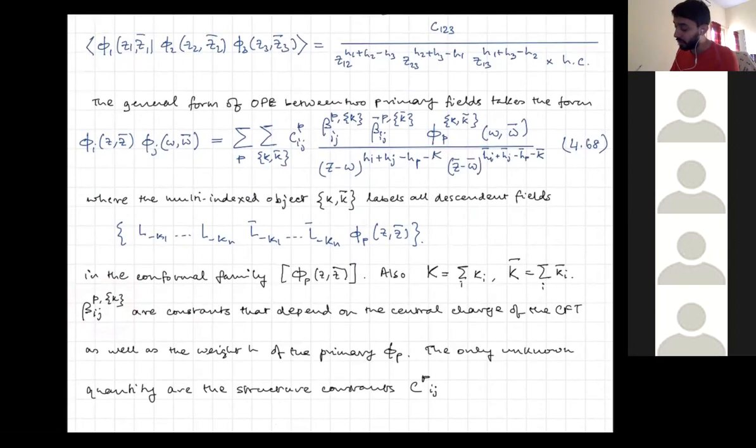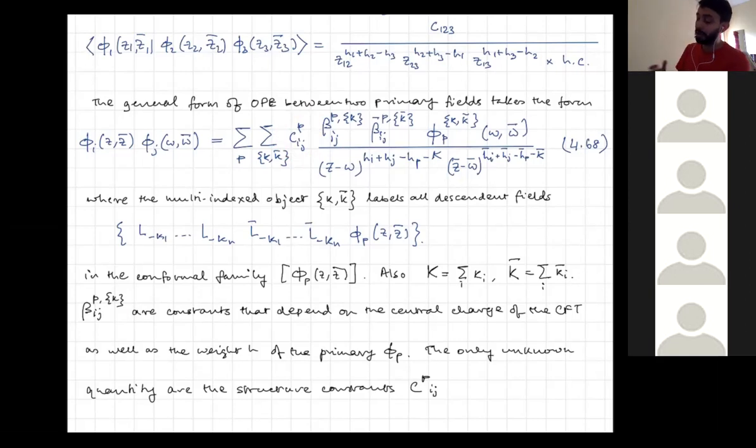So the upshot of all of this is that these betas are also constants that depend on the central charge of the CFT and the weight of the primary phi_p. As I try to stress, the only unknowns in this whole business are the C_ij^p. The rest of it is fixed by conformal symmetry.